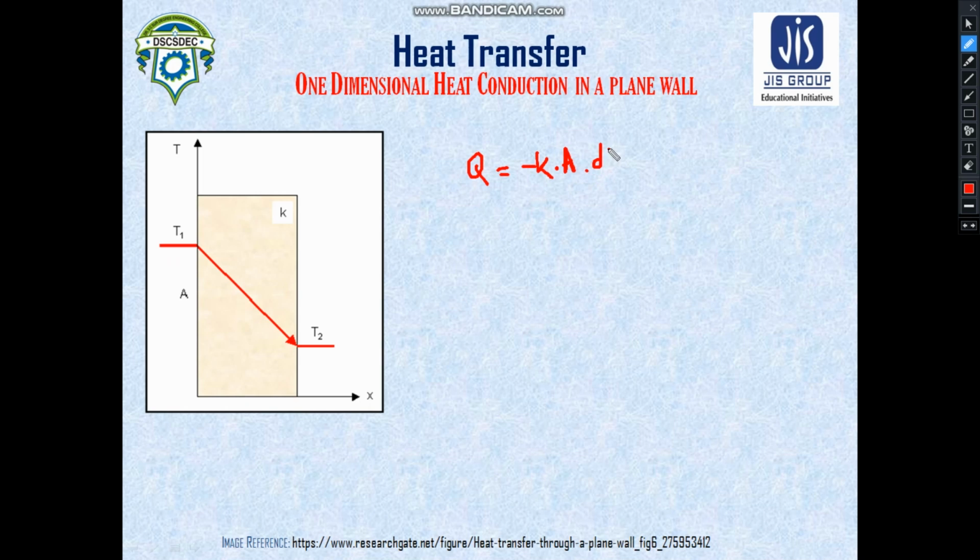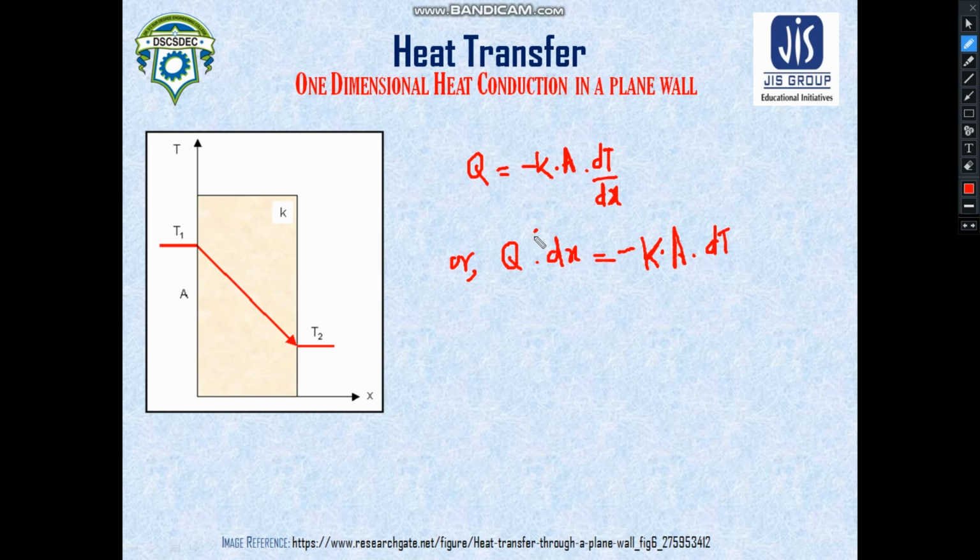So Q is equal to minus K A dT dx, right? Or we can write this Q into dx is equal to minus K A into dT, right?